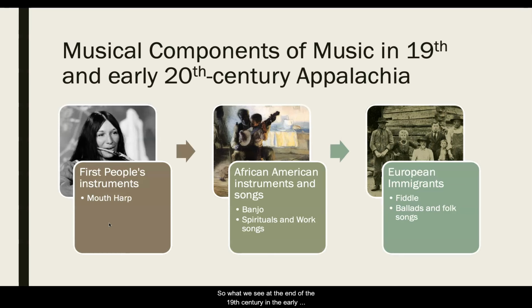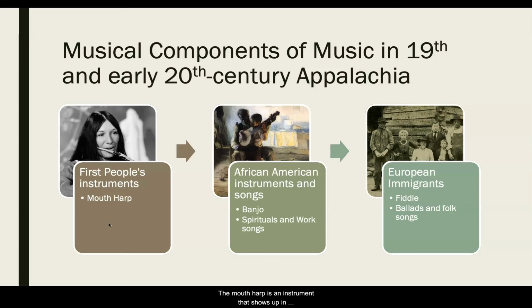So what we see at the end of the 19th century and the early 20th century is a combination of instruments from the first peoples that were there and the African Americans as slaves and then as freed slaves, along with the spirituals and work songs associated with the slaves and the newly freed slaves.